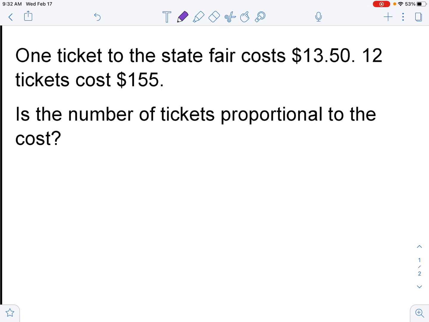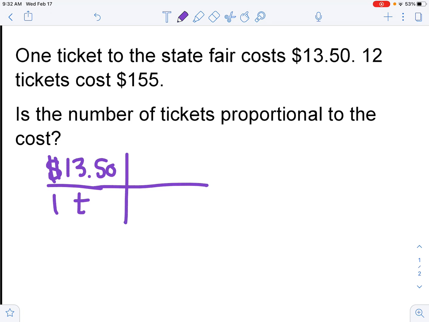So we're figuring out how much each ticket costs. So I'm going to start first with $13.50 over 1 ticket. That one already has a 1 on the denominator, so we're good there. Let's make this into a table. 12 tickets, $155.